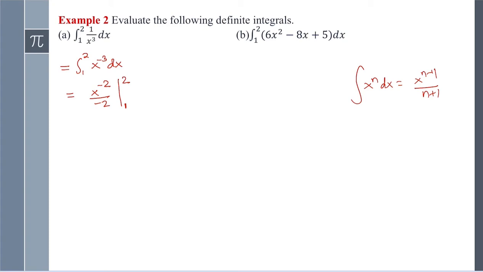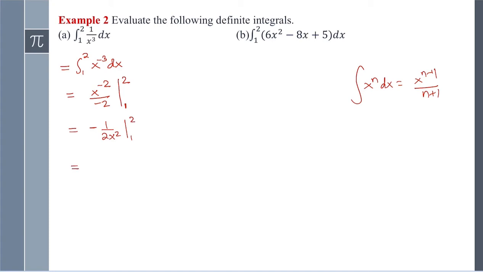So that's the notation. As soon as we do find the antiderivative, we are not going to write that integral symbol. Okay, so we'll change it to that form. Now, before we plug those numbers in, let's go ahead and simplify this. This just means negative 1 over 2 x squared, and we go from 1 to 2.